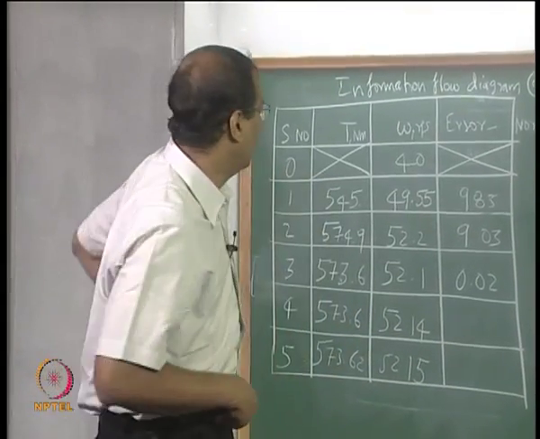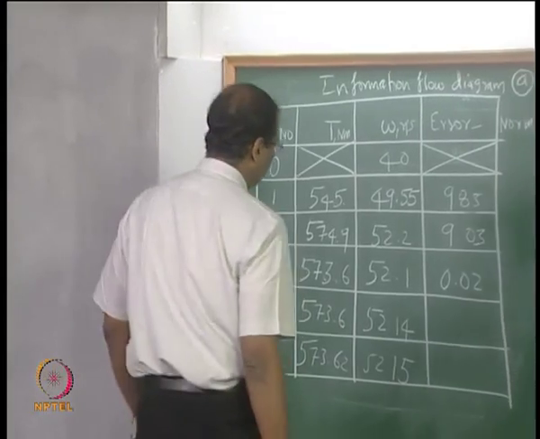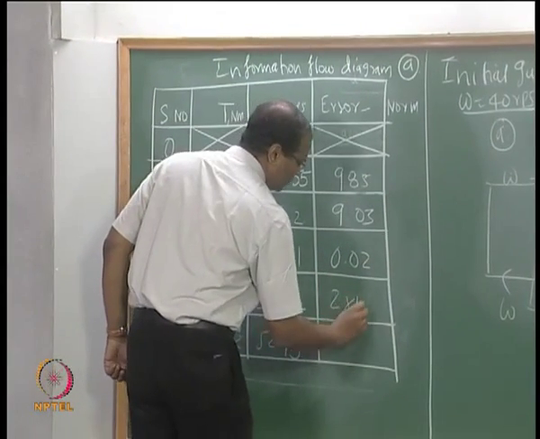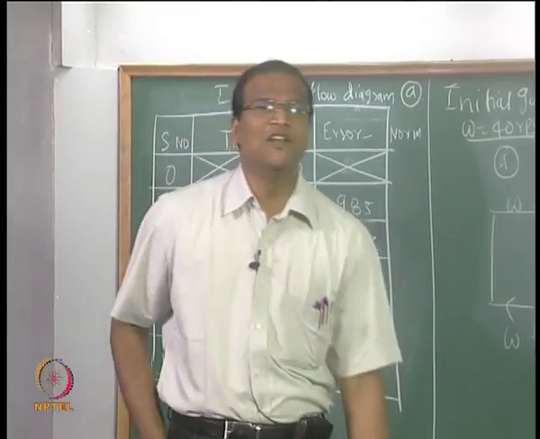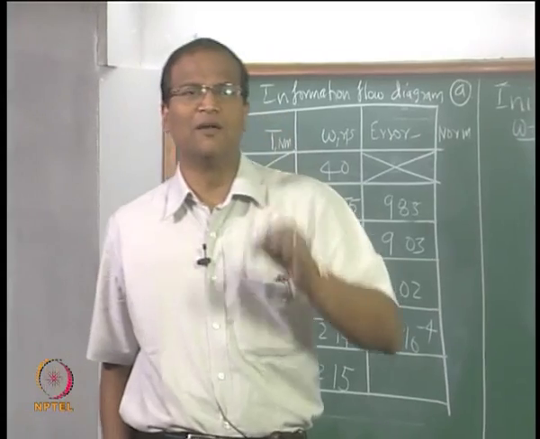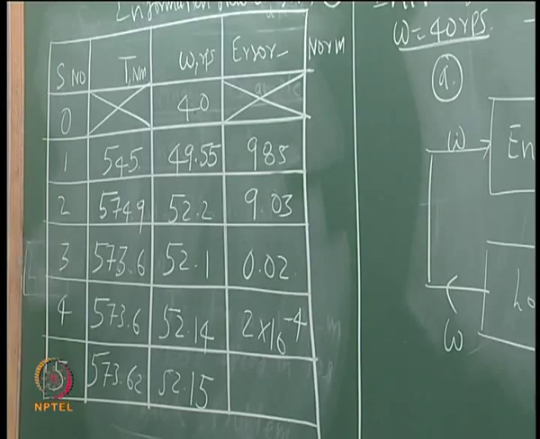So we use one of the two information flow diagrams, namely information flow diagram A. It was pretty straightforward. You did not have to solve the quadratic equation.